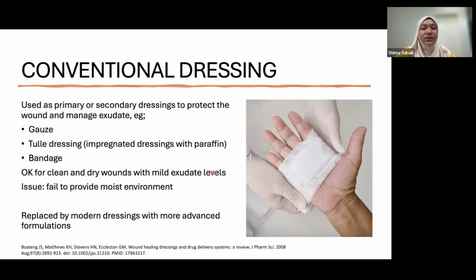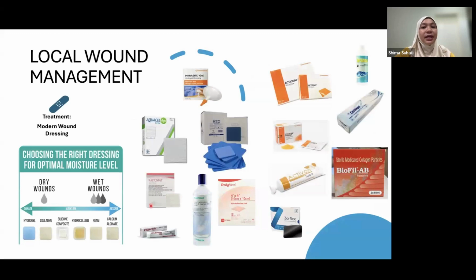So with advanced technology, conventional dressings have been replaced by modern dressings to support better wound healing for our patients.